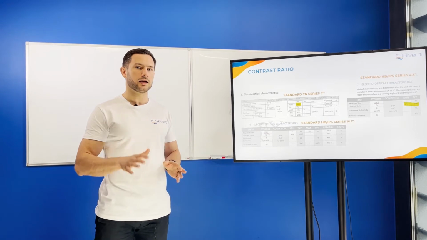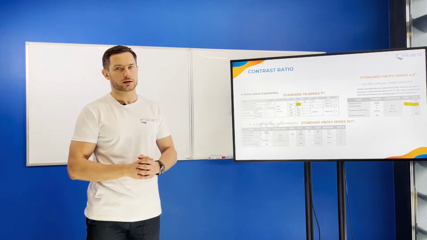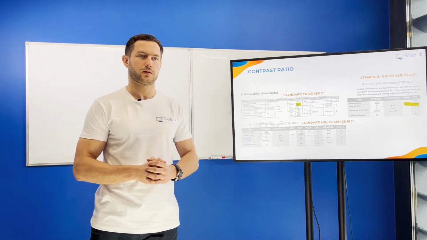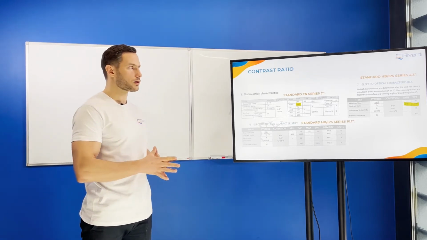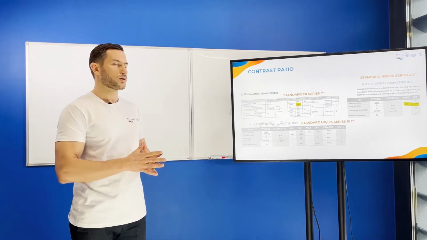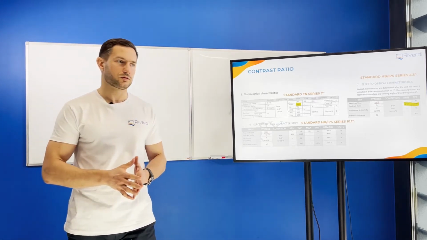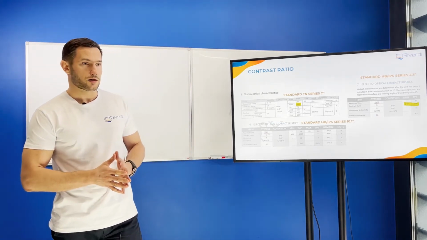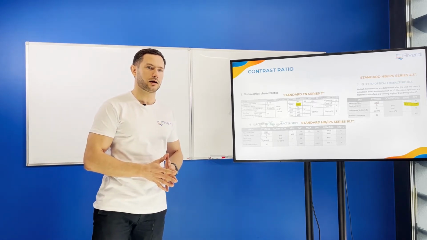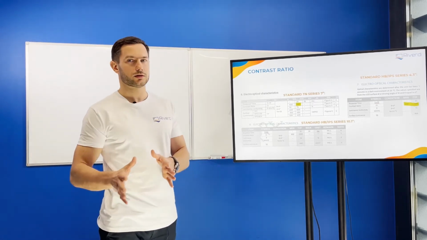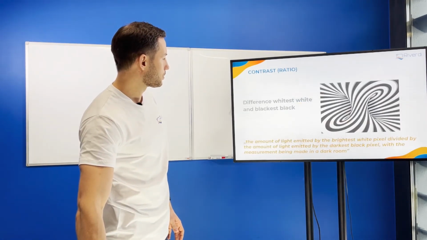But it's usually a tricky number and not particularly the most important to have, because as we will see on the next slides, the real contrast in the real world is way lower than the numbers even here for industrial, and could be hundreds, thousands of times lower than you can see in a TV specification, and still you see the contrast clear. They measure it differently. Maybe I will talk about it later.